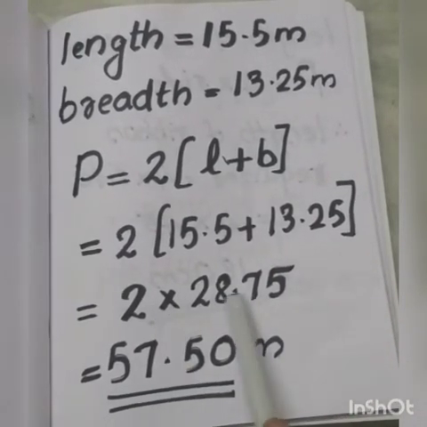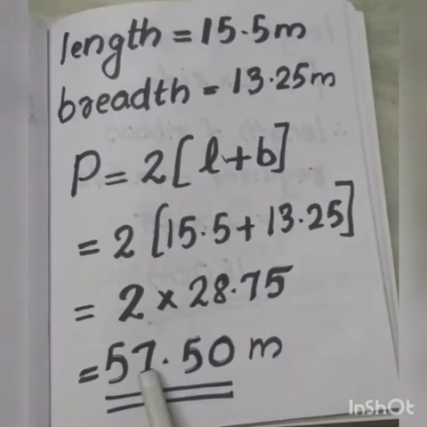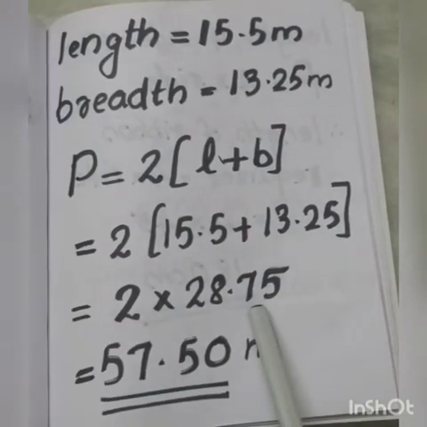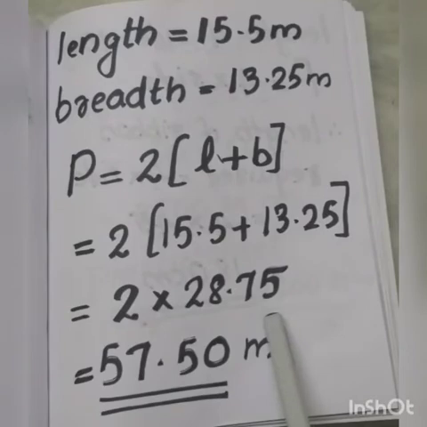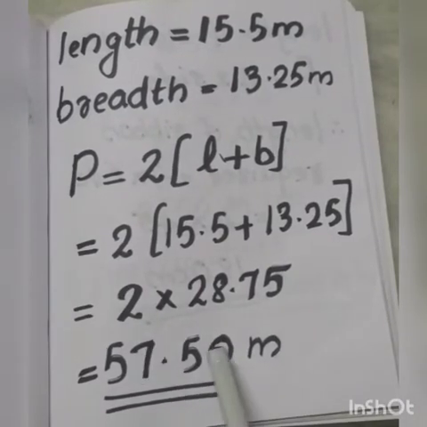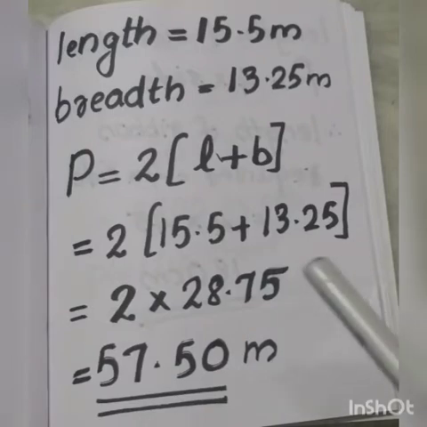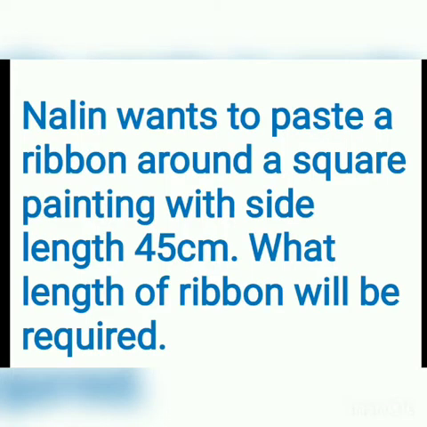Now multiplying 2 into 28.75, you will get 57.50 meter. So the perimeter of the garden is 57.50, which means the length to fence is 57.50 meter. So if you have to find the distance or the length of fencing, we have to apply the concept of perimeter.